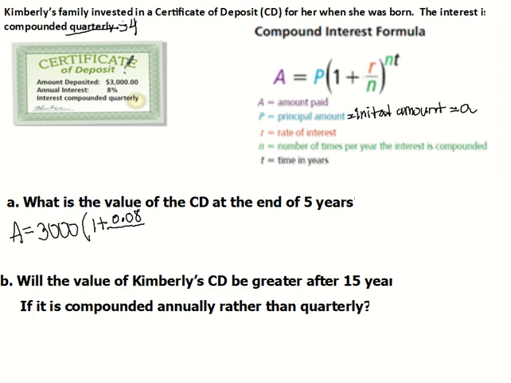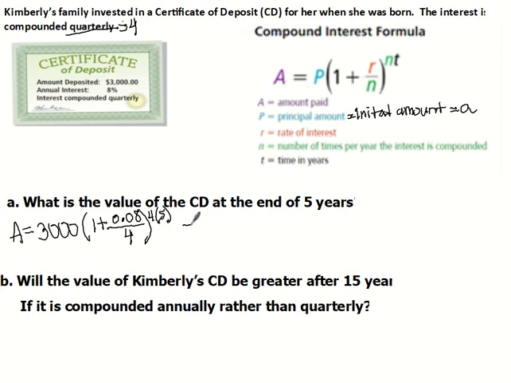And then we're going to put it over quarterly. Remember, that's 4 times. And then we'll go parentheses. And if you notice, the n shows up here too. So we go 4. And then in this case, it's 5 years. So I'm going to go parentheses 5. Okay, because remember, time is 5 years.